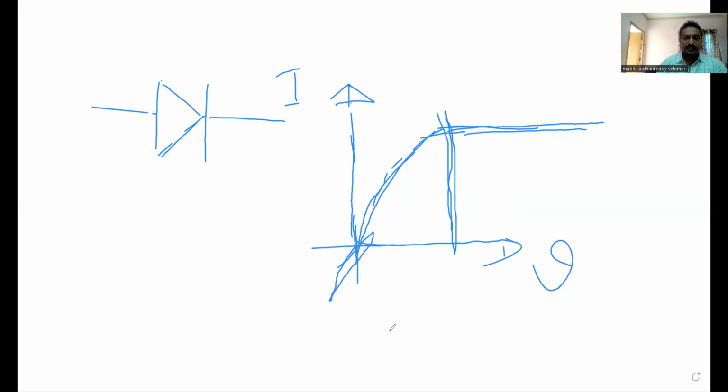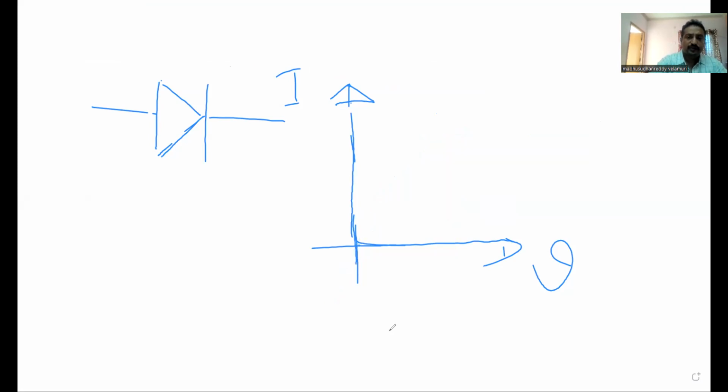For example, you extend these characteristics. I'll show how this is extended. So the characteristics are like this.